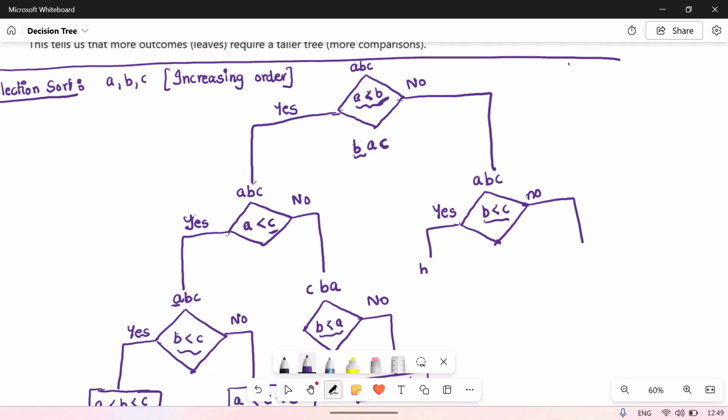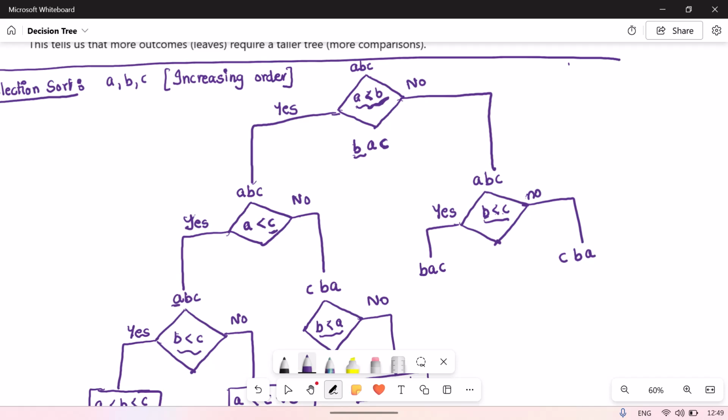So the result will be B, A and C. Now you see the other side. A is not less than B, so B is the smallest. B is less than C? No. If it is no, that means C is the biggest. A will obviously come here.